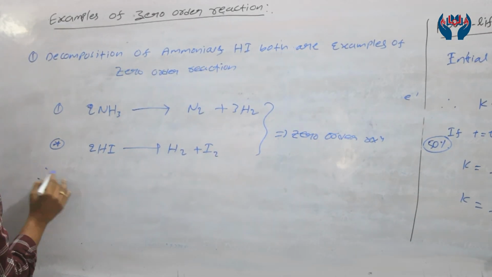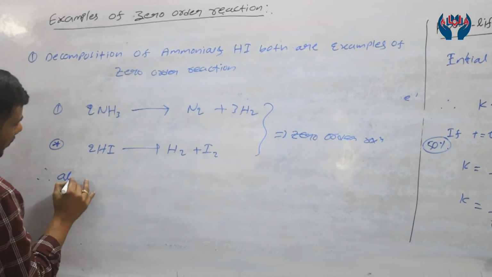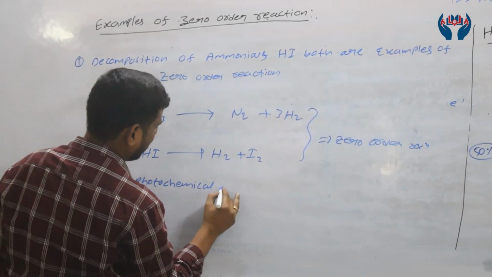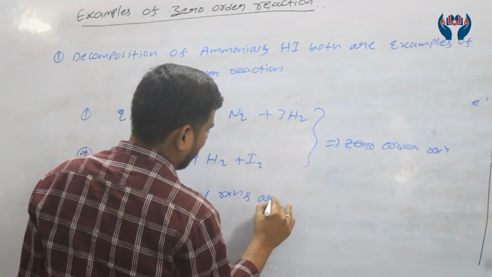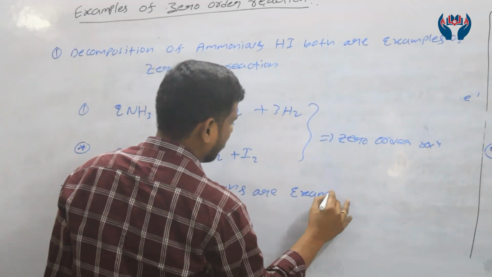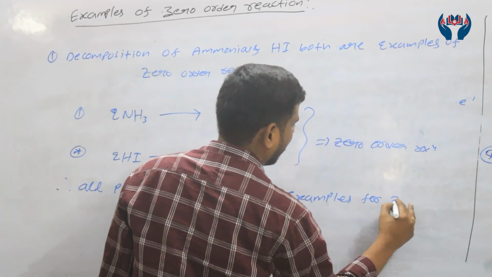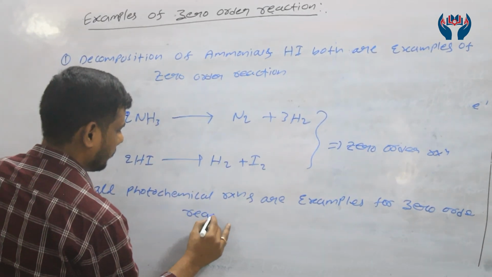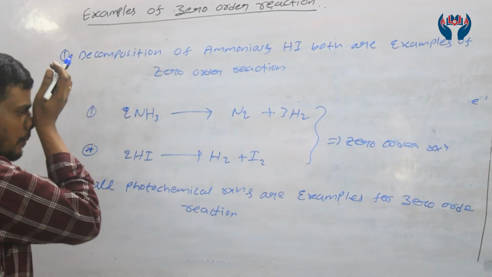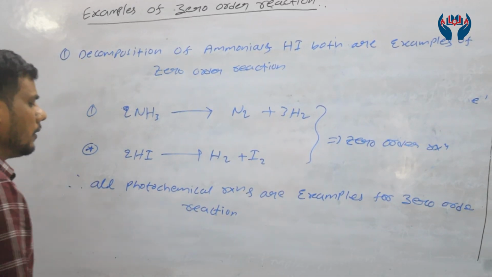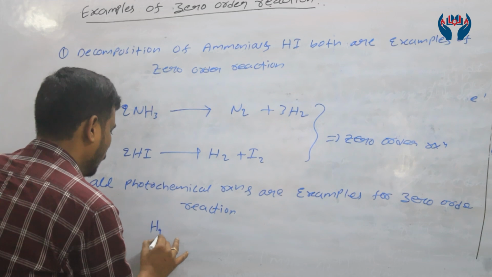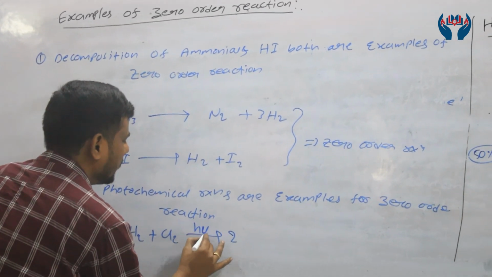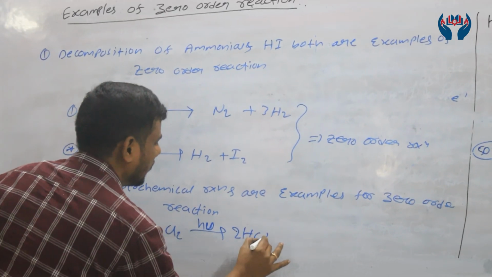And all photochemical reactions are also examples of zero order reaction. For example, the photochemical reaction H2 plus Cl2 is converted into 2HCl.